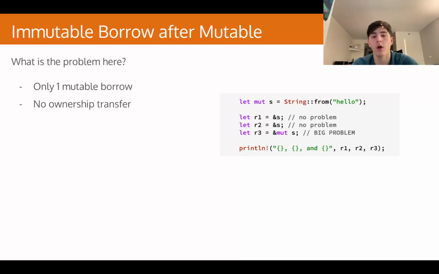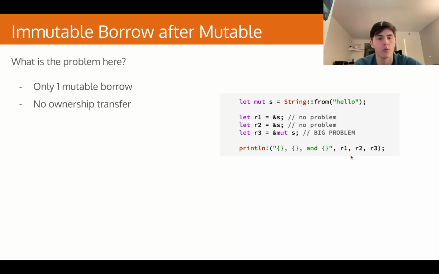So, one problem that we may encounter often is an immutable borrow after a mutable borrow. What's the problem here? We only have one mutable borrow and we have an infinite number of these borrows. That's allowed, right? The problem is that once you've borrowed this mutably, you're not allowed to use R1 and R2 again.